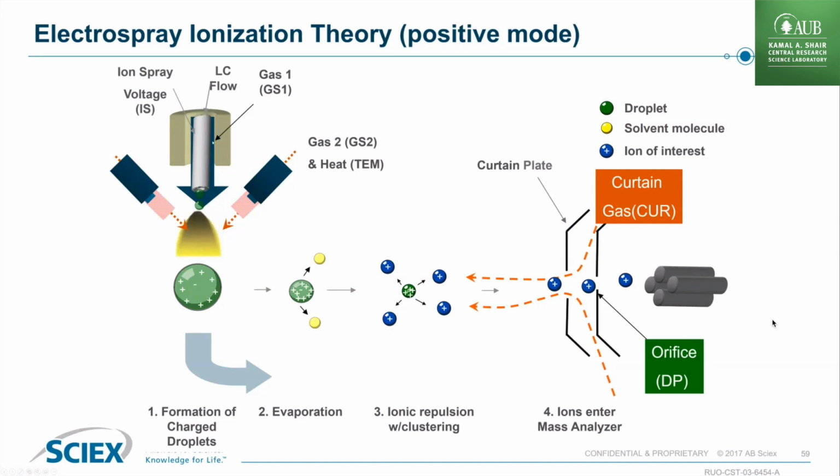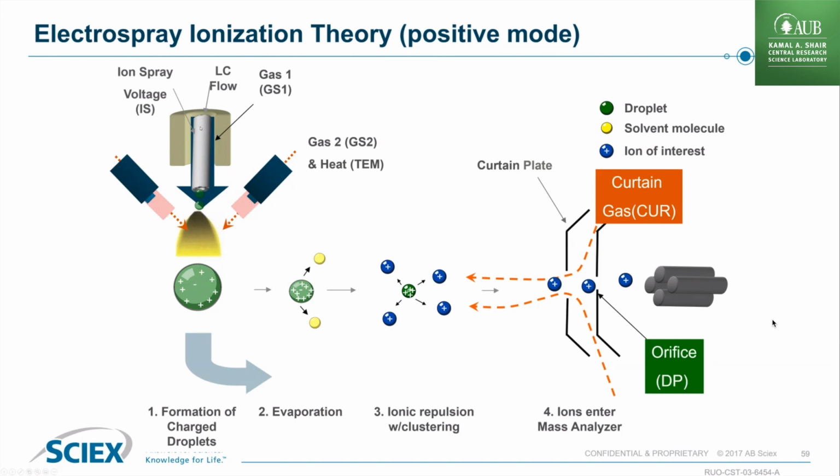And that flow of gas and solvent together creates this fine spray of droplets. Again, like an aerosol, like I said, a can of spray paint or hairspray. And so you have this very wide, very fine spray of droplets.